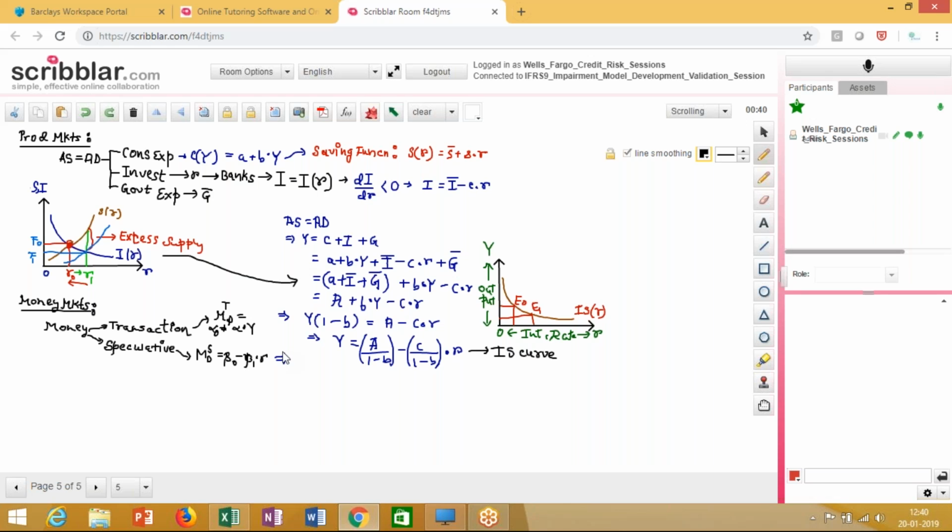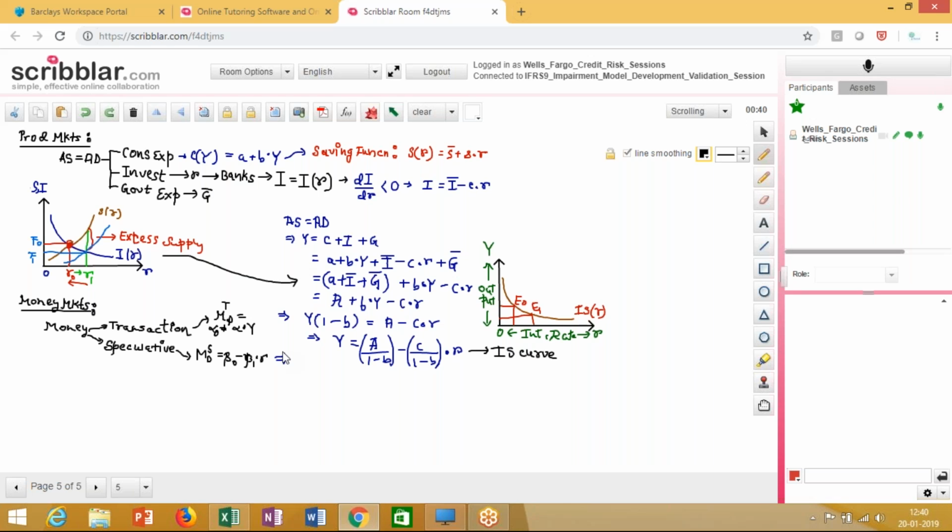with R, right? So what happens over here is that when the transaction money demand is there, and the speculative demand for money is there, when I add the two up, I will get the total demand for money, right?